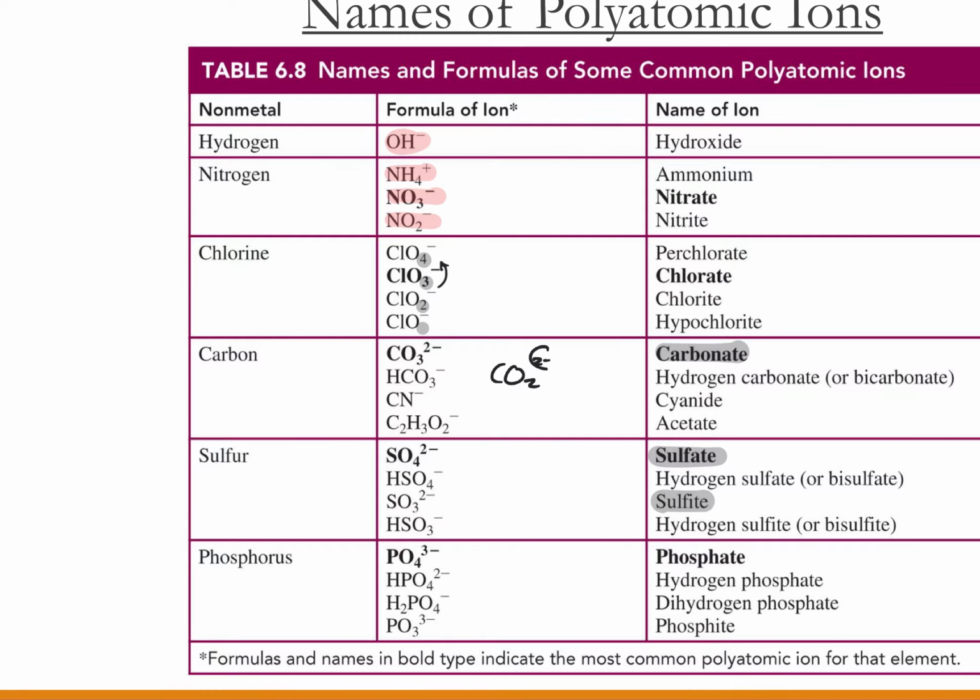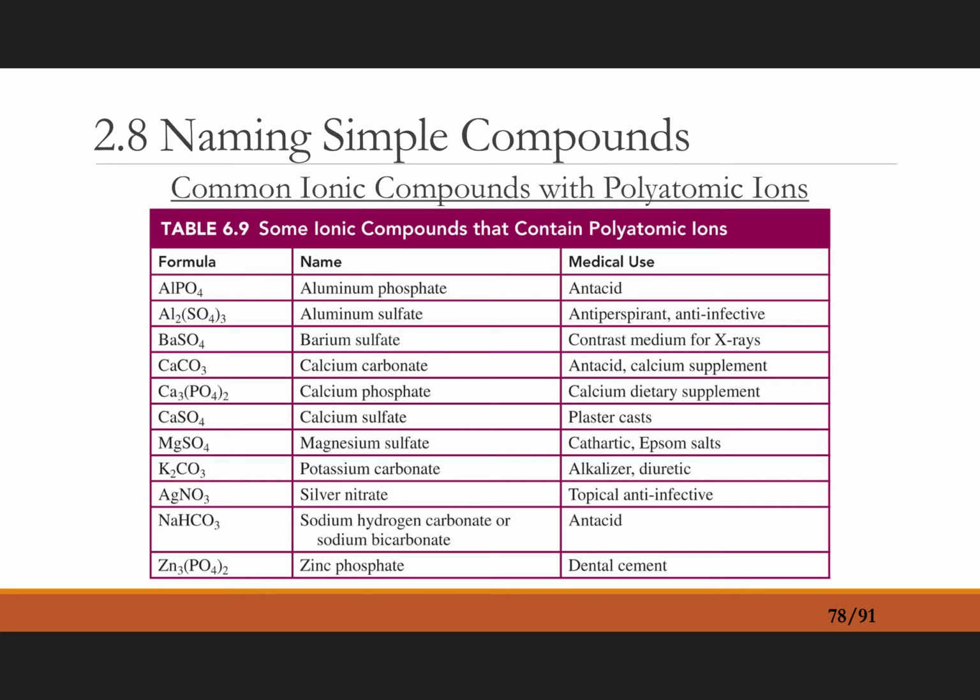CO2 2- is the carbonite ion that Han Solo is frozen in, except CO2 is not going to be a -2 charge. So carbonite doesn't actually exist. Here's some more. These are compounds that have polyatomic ions, and their medical uses: aluminum phosphate, aluminum sulfate, and so on and so forth.